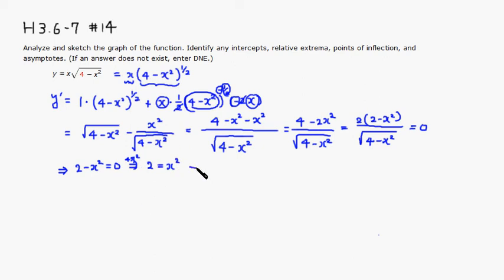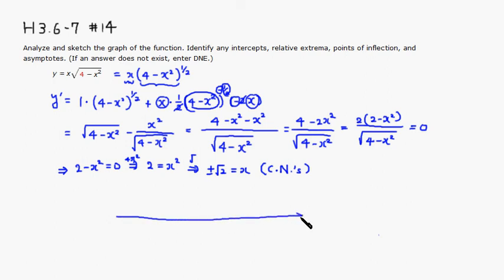Right? Then we can just take the square root. So it's going to be plus or minus square root of 2 is the critical number. So these are the critical numbers.